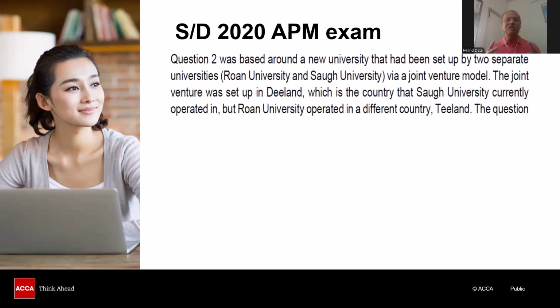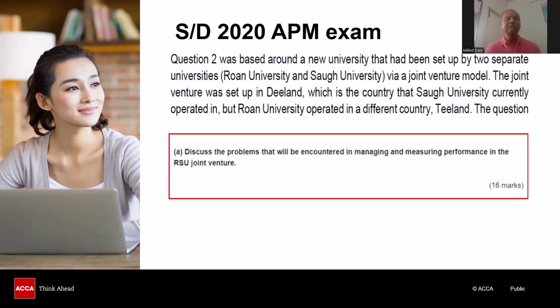There are two universities forming a new university as a joint venture, set up in some country, where one of the universities is currently operating, but the other is from a different country. And the question is, discuss problems that will be encountered in managing and measuring performance in the joint venture.